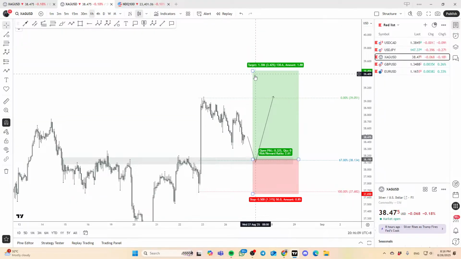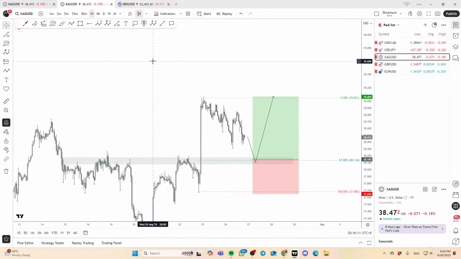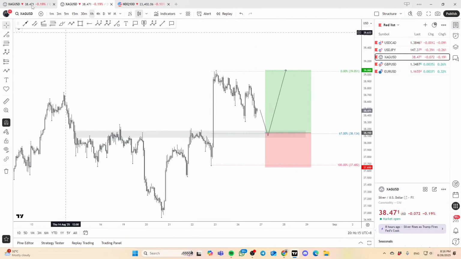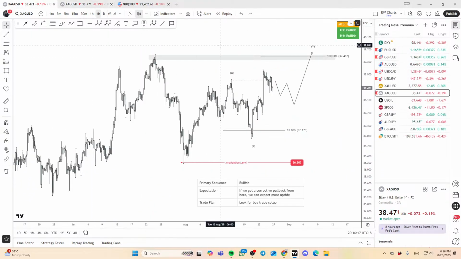The additional 0.6 that we can look to capitalize on as well. Okay, so yeah, silver to me this week is way clearer than gold. So obviously if you're interested in commodities, silver would be a better one.